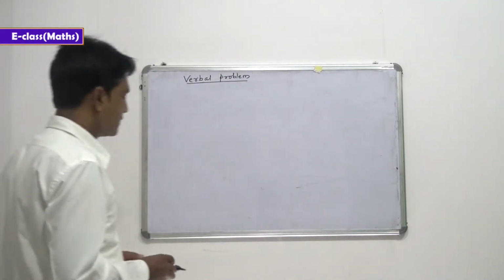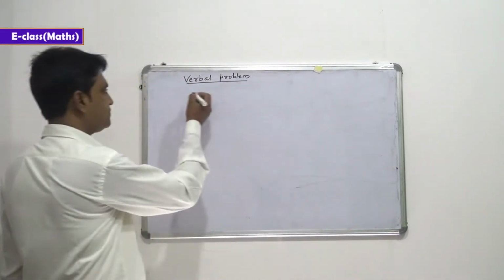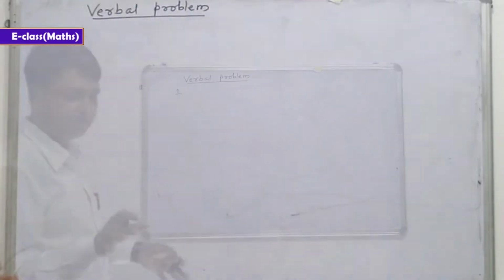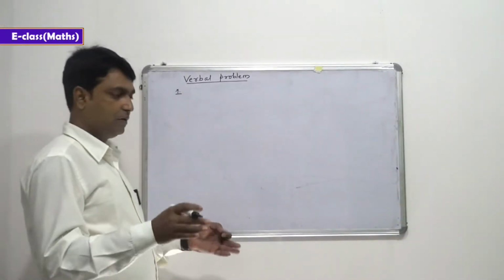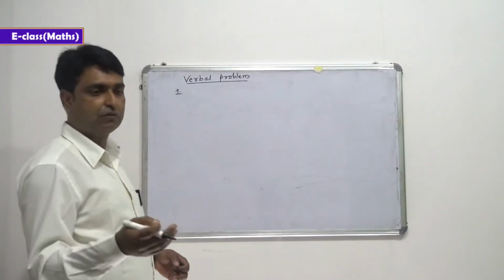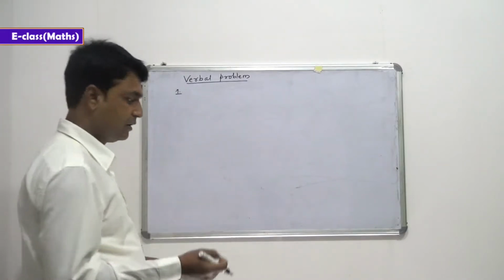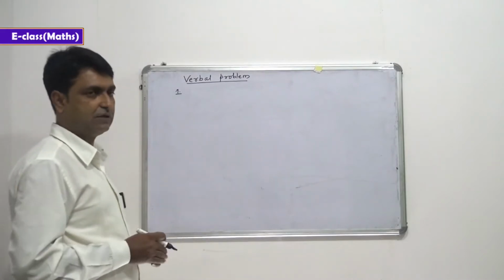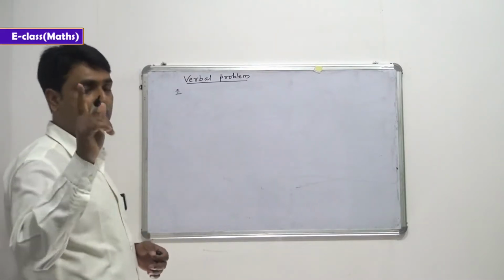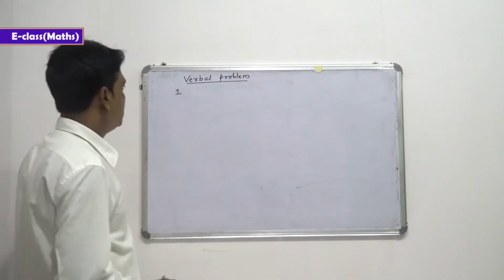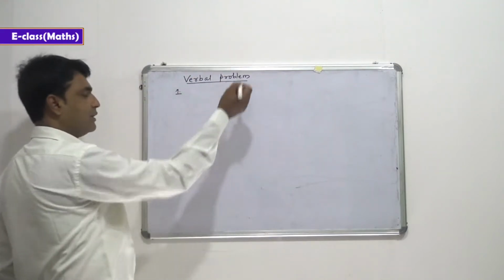First of all, concentrate here, and if you have your copy and pen in front of you, you can copy it. This is very essential, and I guarantee you, one question of 4 marks must come in your examination.